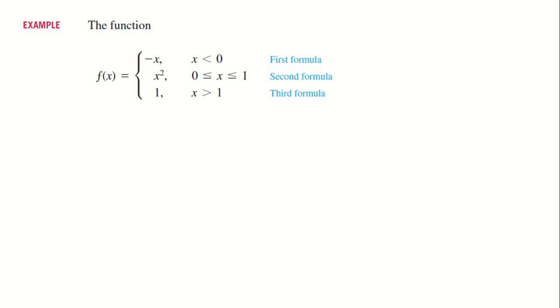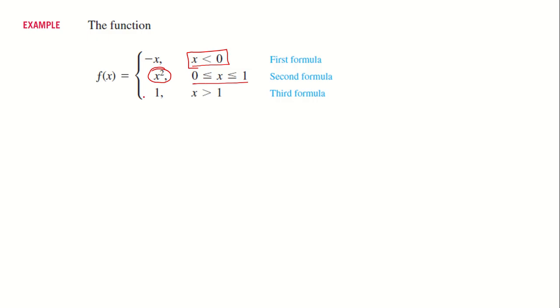Now we can go for another example. The function f of x equals negative x when x is less than 0. That is the first function. Then f of x equals x squared, a quadratic function, and the domain of this function is between 0 and 1.